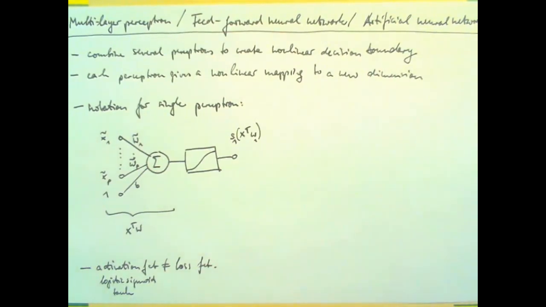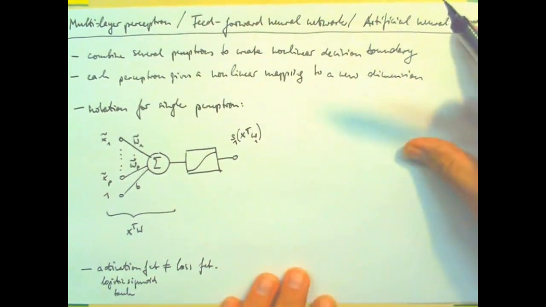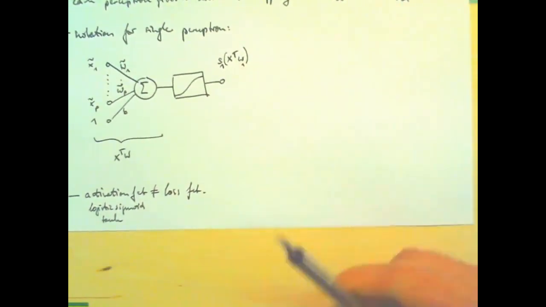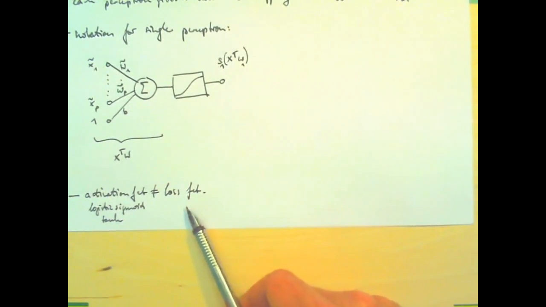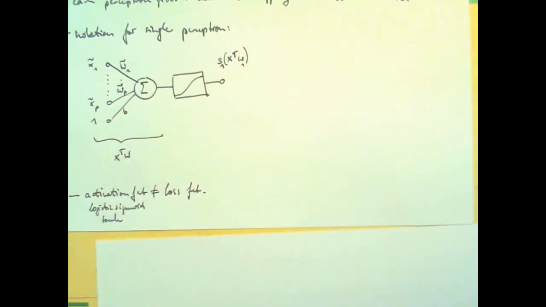If people do regression, you can even use the normal squared loss as the loss function, or if you do classification, you can use the cross entropy error function, for example, and so on. And one should not mix and match these wildly. One should rather match them.